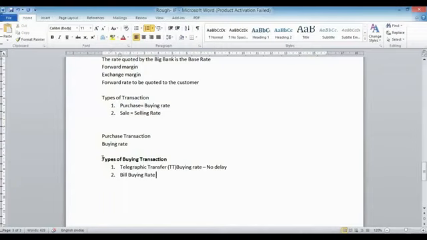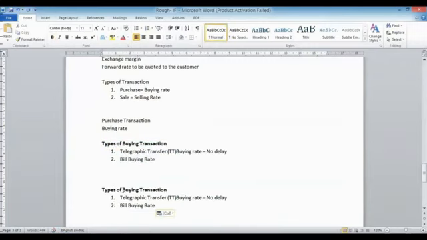So when we take up the selling transactions, there also we will have the same thing. We will take up two types of buying and two types of selling transaction.